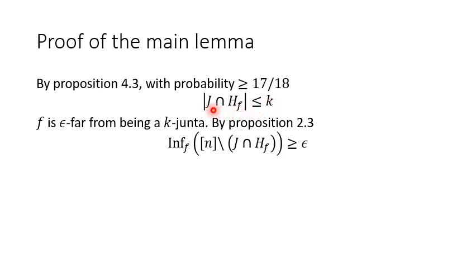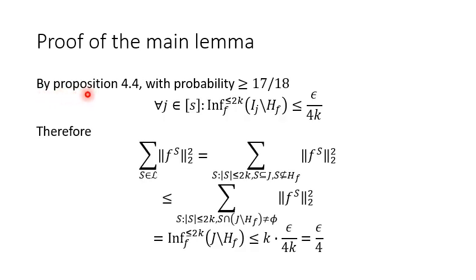Now, because the size of this set is at most k, and F is epsilon far from being a k-junta, we can use proposition 2.3 that we have proven earlier. It implies that this influence, which is one of the elements in the sum of the previous slide, is bigger than epsilon.